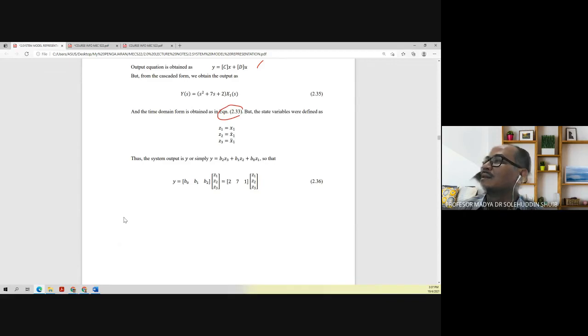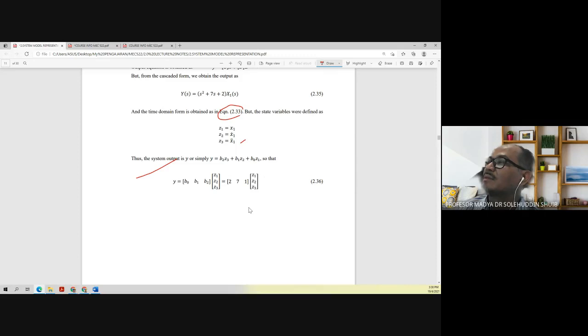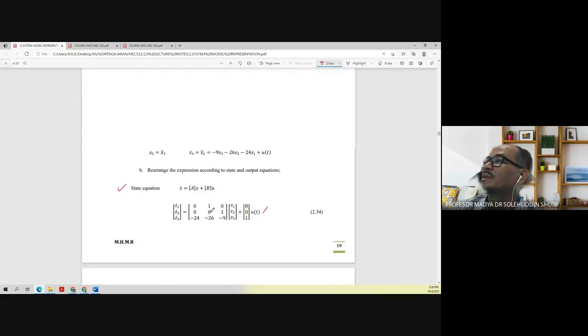State variables: z1 is x1, z2 is x1 dot and z3 is x1 double dot. So the system output is simply b2 z3, b1 z2 and b0 z1, in this form: 2 7 1 times z1 z2 z3. This is the system output to match with the cascaded one.